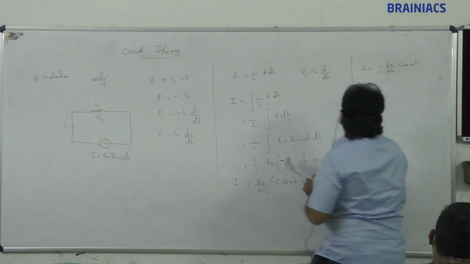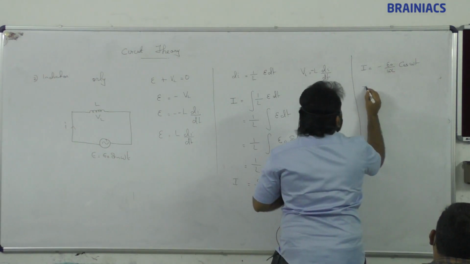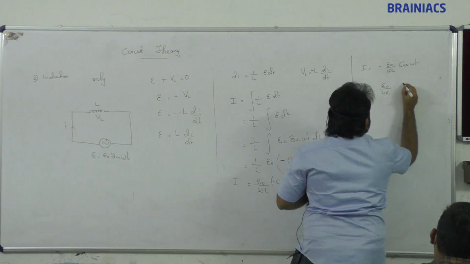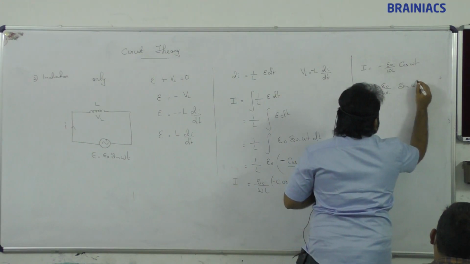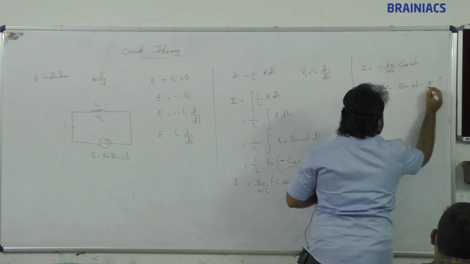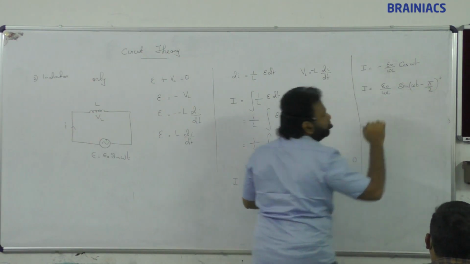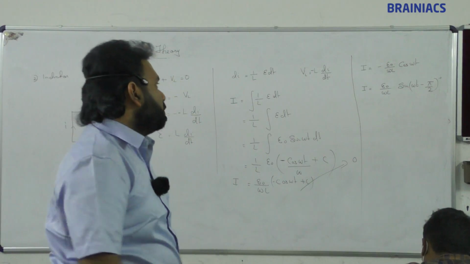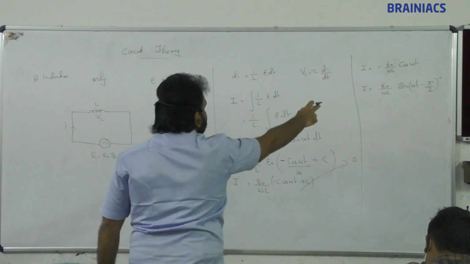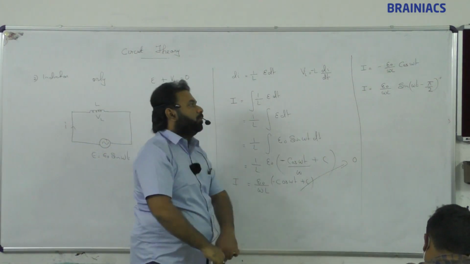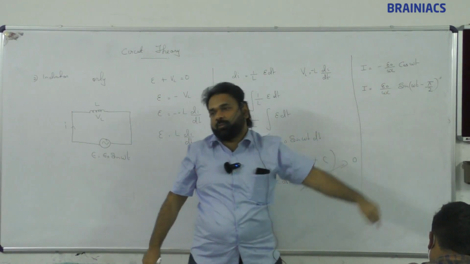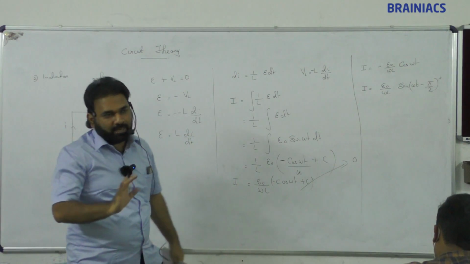So when we convert this, I will become E naught by omega L sin omega t minus pi by 2. Clear? Done.